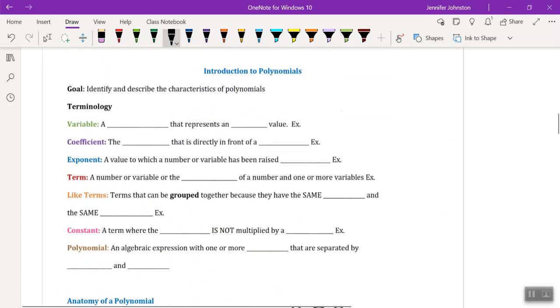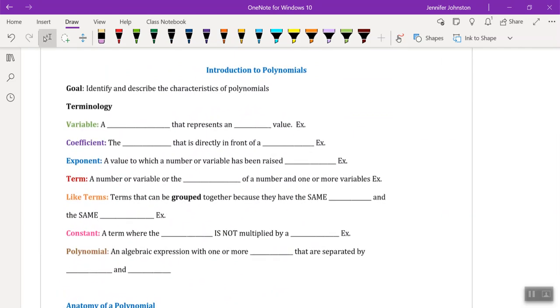Let's go right into some polynomial terminology again that we've looked at. So a variable is a symbol that represents a numerical value. For instance, you can have the letter X, or your favorite letter, like J for Johnston.